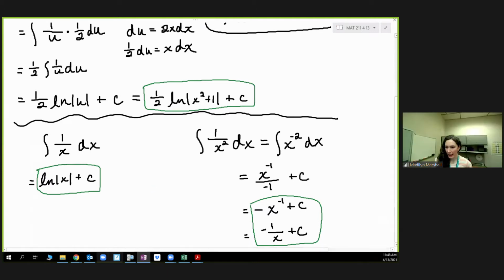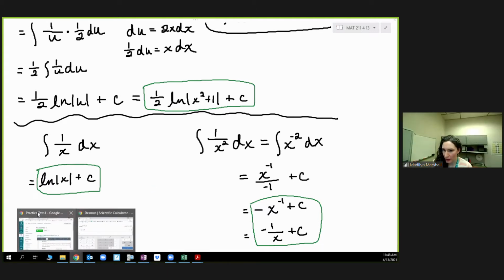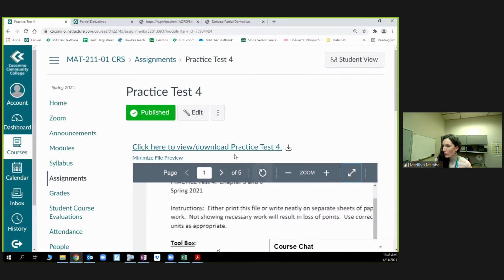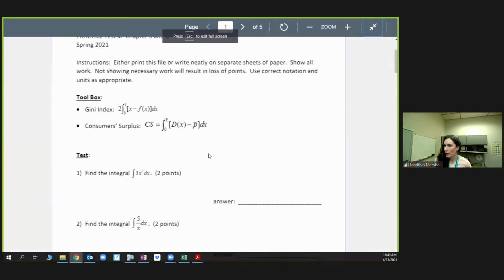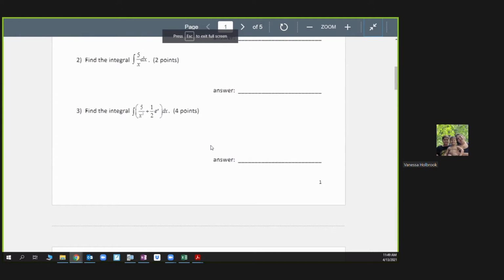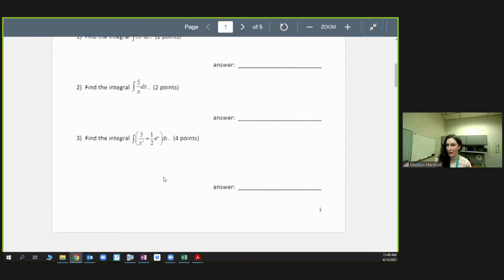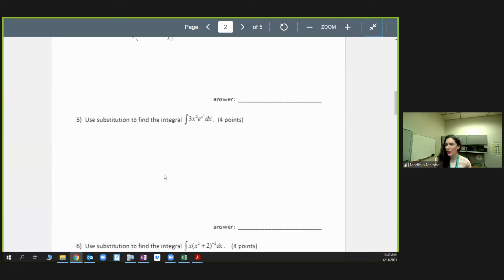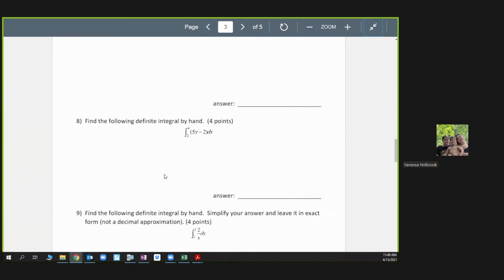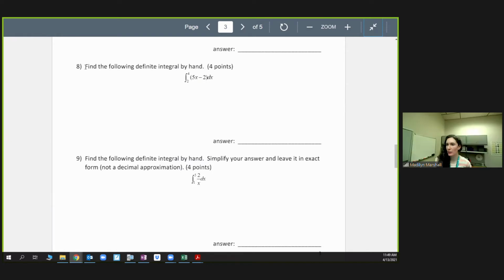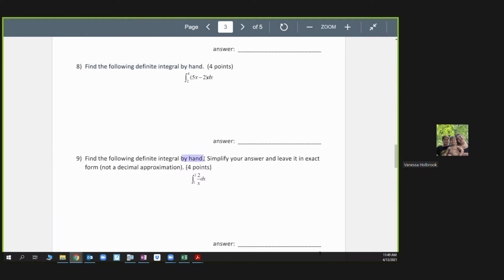And I do want to highlight, since we were talking about Desmos, there's a handful of indefinite integrals, which will have the plus c. So for example, number 8 says find the following definite integral by hand. So that means that you will do this integration by hand, not using Desmos or a calculator. This one also says by hand.